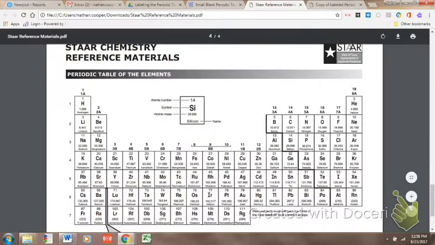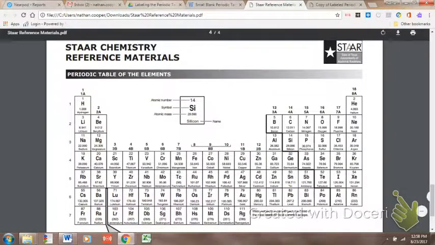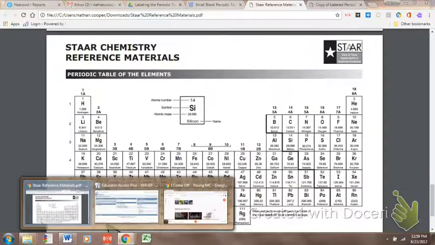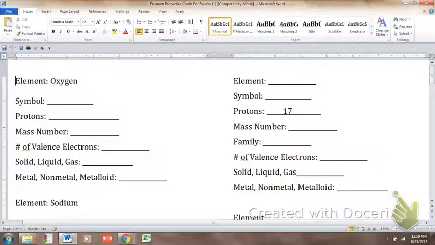This one right here. Okay, so sometimes I give you the name of it, and then you just find it on the periodic table and start extracting the information about that element.